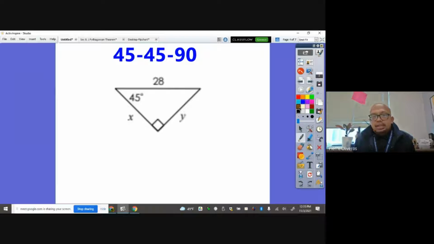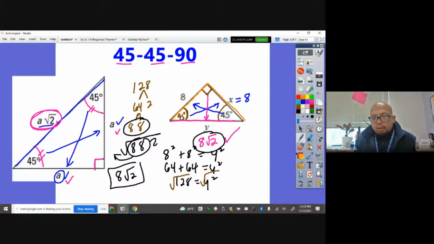What if this time we are given the hypotenuse in a 45-45-90? So again, this is 45, that has to be 45 also. So we know that the X and the Y have to be the same. There are two ways. First way, let's go back to what we did a while ago.